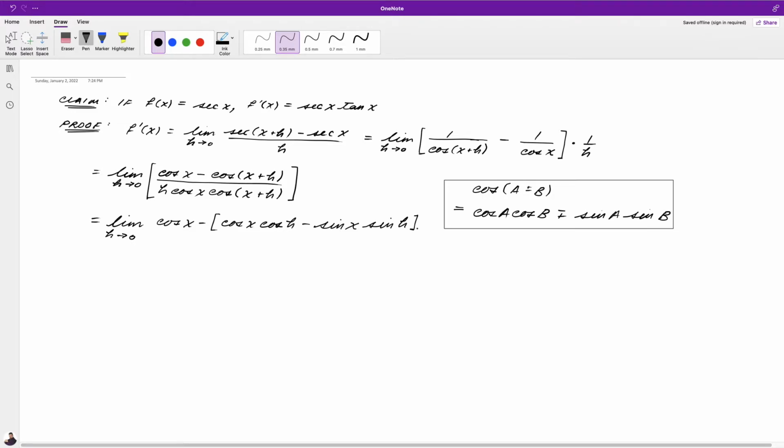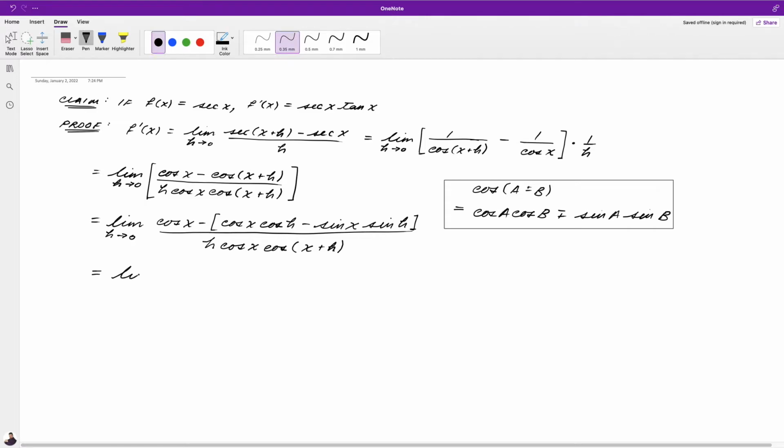So all of that there, divided by h cosine x cosine of x plus h. All right. Let's check that. Make sure we haven't committed any careless errors. Looks good. Let's now go ahead and distribute the negative sign.